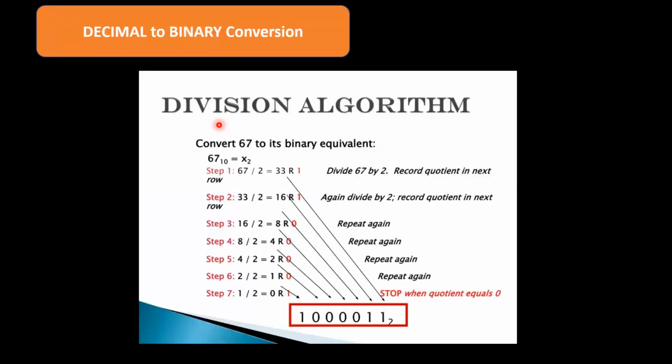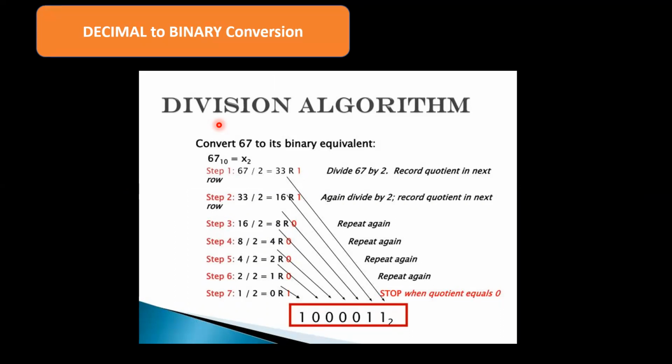Okay, so now let's jump into converting decimal to binary number system. For example, convert 67 to its binary equivalent. It is base 10, right? So you can also write this as 67 base 10.